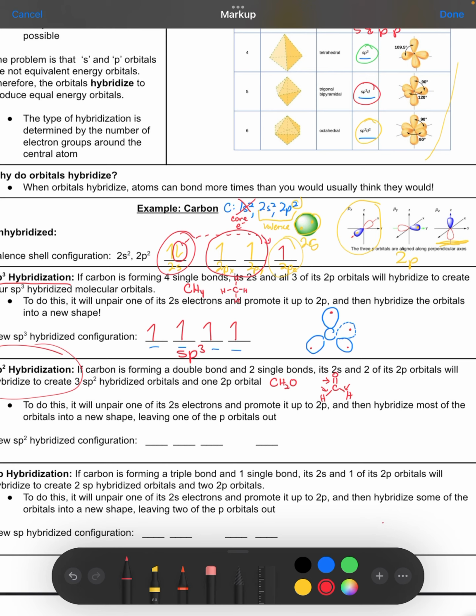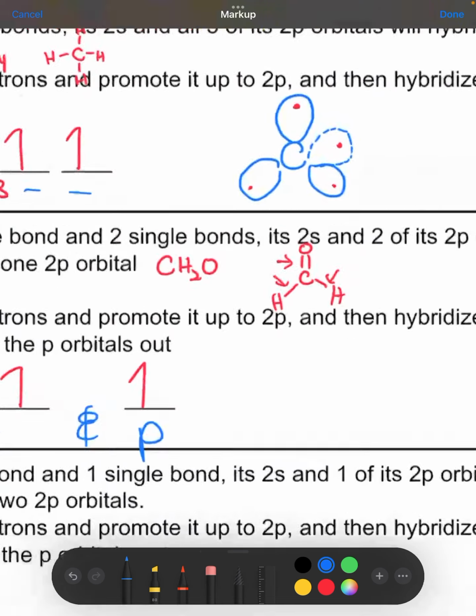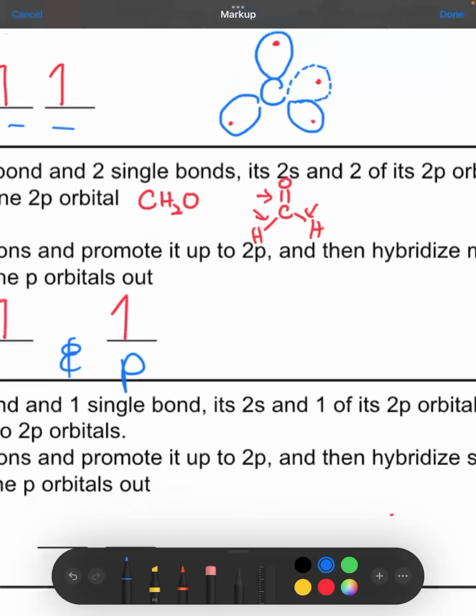And so you end up with this. You get your sp2 hybridized orbital spaces, but you also have your p orbital space just kind of left out and unhybridized.